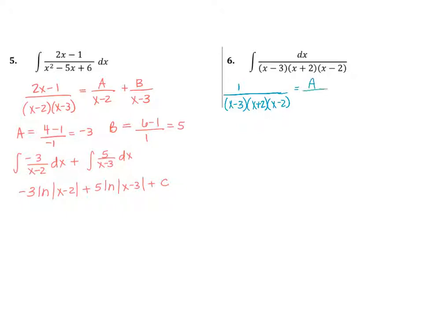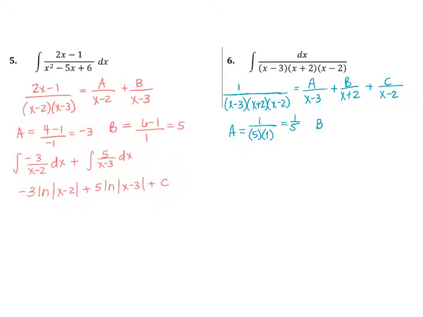So I'm going to keep the same pattern here that we've been doing, so hopefully it doesn't mess us up. And we have our c over x minus 2. And so to find a, we need to plug in a 3. So really that's going to be 1 over 3 plus 2 times 3 minus 2. So that's going to give us a 1/5.